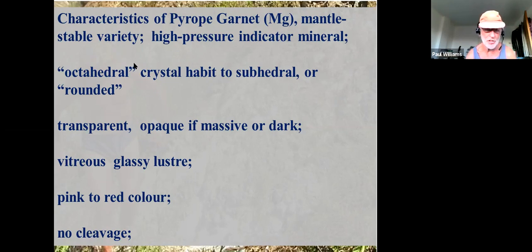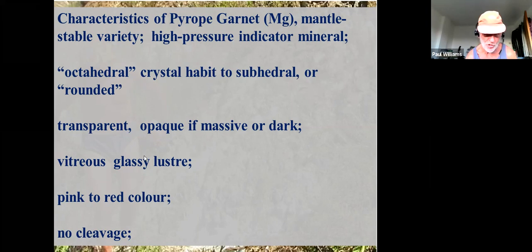We've already mentioned this, inverted commas, octahedral, but you will now know it as dodecahedral in reality, because that's its crystal system. It fits into that shape. Rounded if it's not properly formed crystals. Transparent to opaque, but again, if we've got a lot of it and there's darker material behind it, then it tends to appear a little bit more opaque.